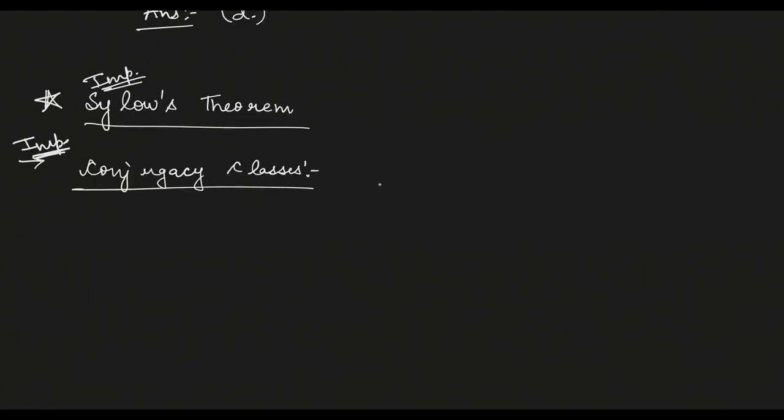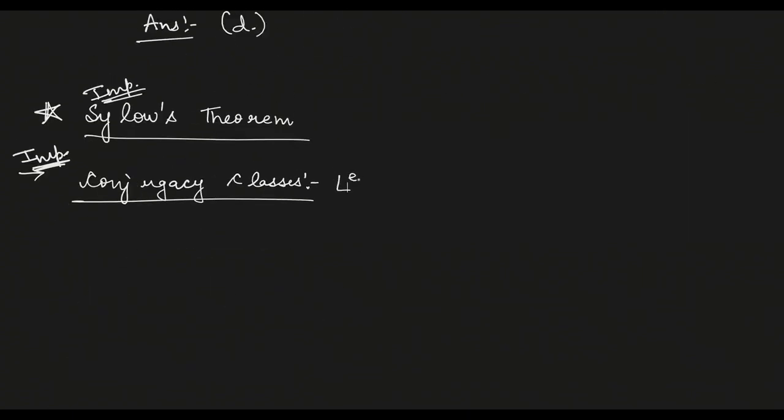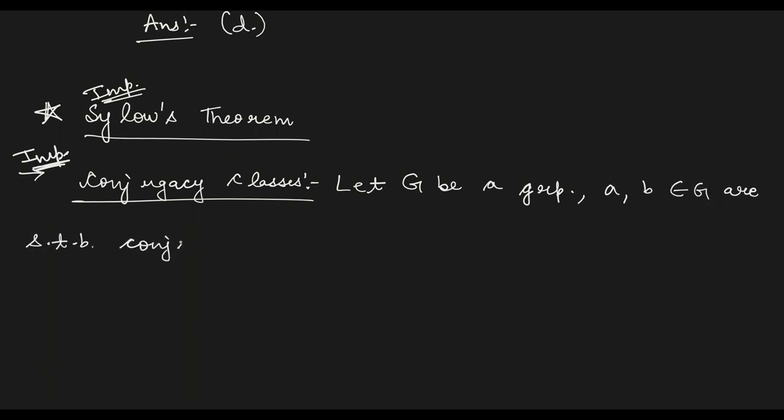Let G be a group. A, B belonging to G are said to be conjugates if there exists g belonging to group G such that B is equal to gAg inverse.